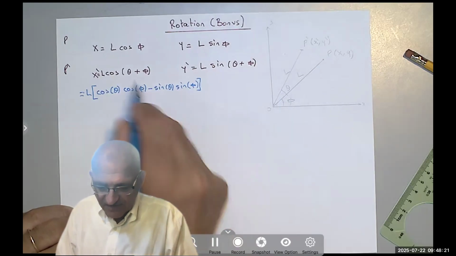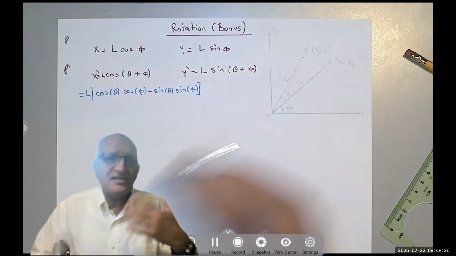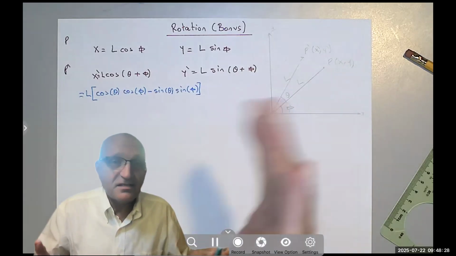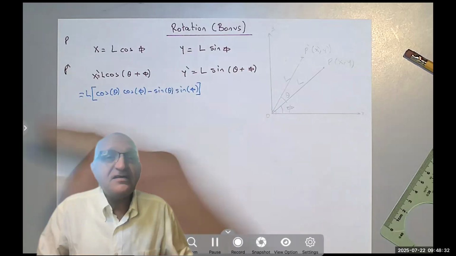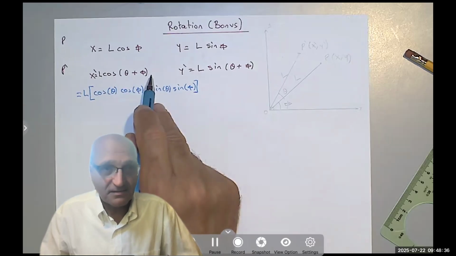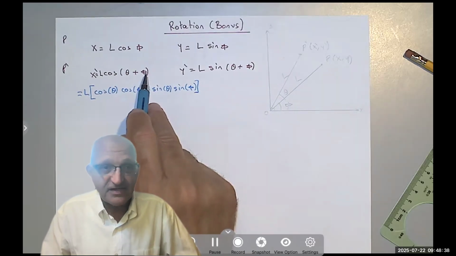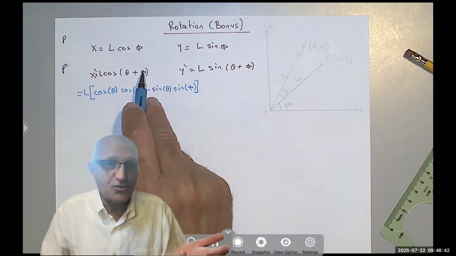Notice if this is plus, this is a minus and backwards. And if you forget, is it this or that? There is a very easy way to do it. Try the negative. Let's say cosine theta minus theta. Let's make that negative theta, not phi. So theta minus theta is cosine 0, and cosine 0 is 1.